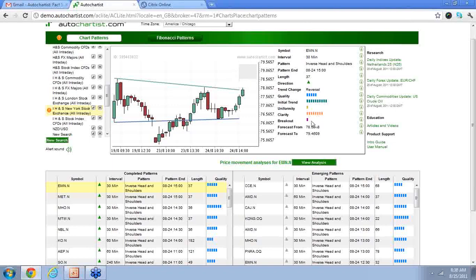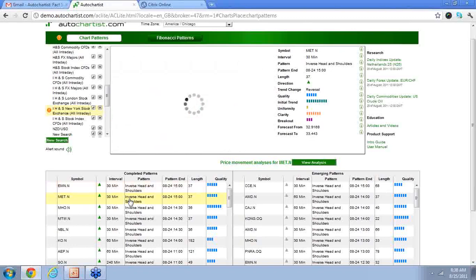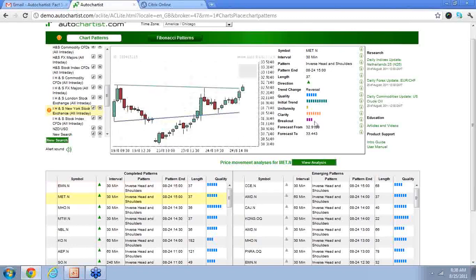Now we've also got a breakout indicator here, and this shows that we have a 1 bar, so a low breakout. You can see it barely broke through resistance. As we go through various patterns, you can see that we could get stronger breakouts.